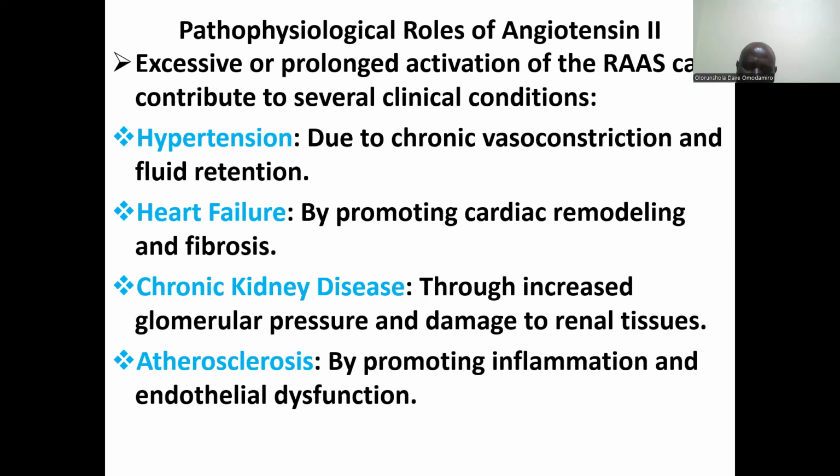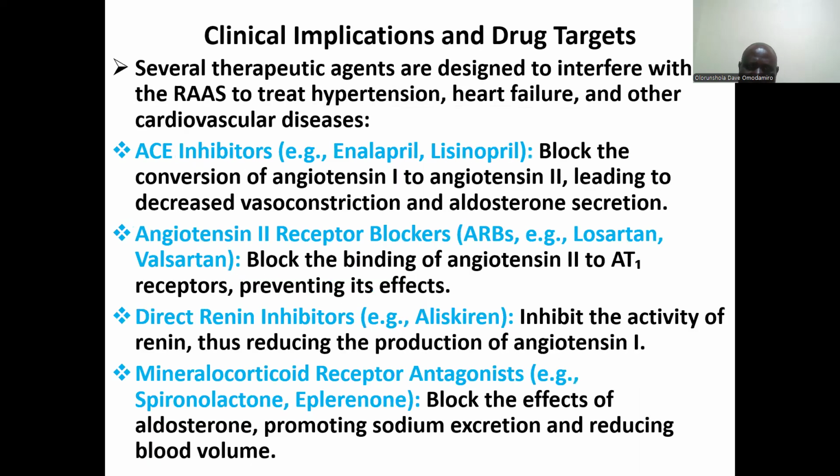And the fourth one is atherosclerosis, by promoting inflammation and endothelial dysfunction. These are the pathological roles of angiotensin 2. Now the clinical implications and some drug targets of this renin-angiotensin-aldosterone system, which have been used in the treatment of hypertension.